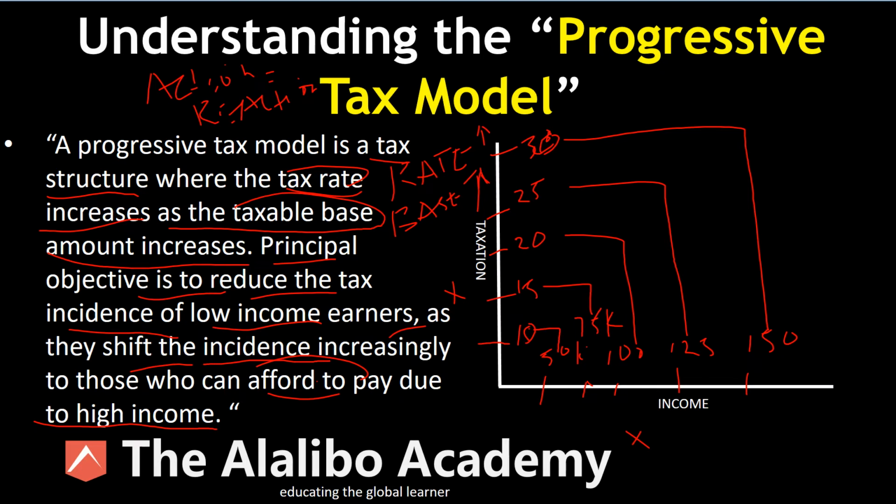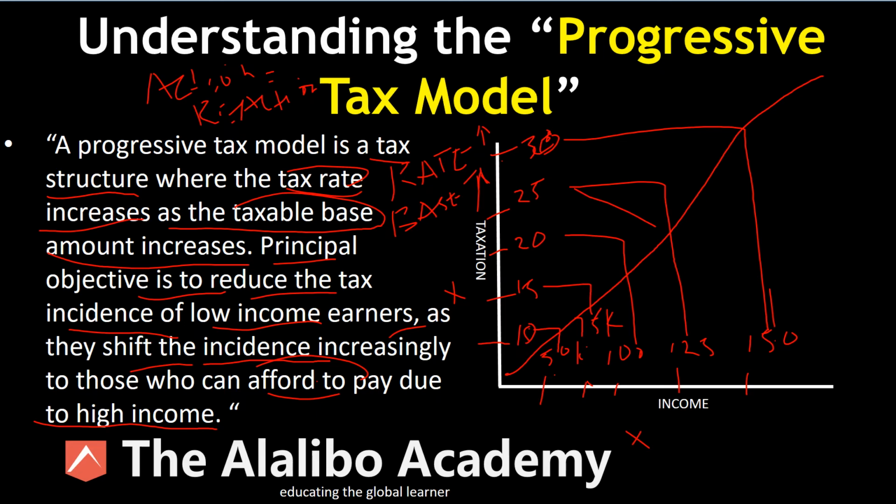That's the idea. So as income rises, your tax liability also rises. And again, you can see the spread from 50, 75, 100, 125, 150. It begins at 10% at 50K and ends at 30% at 150K.